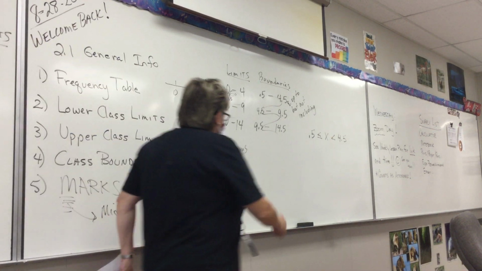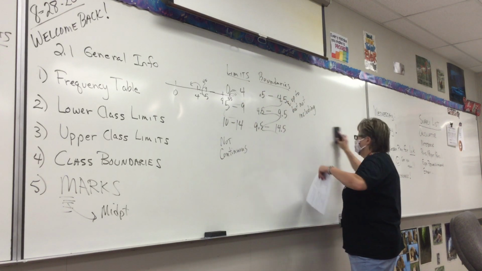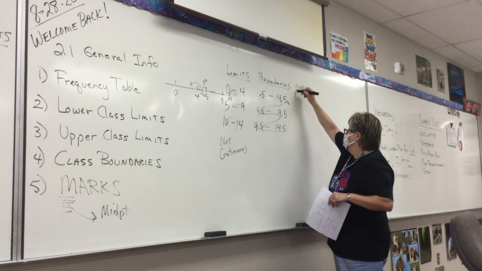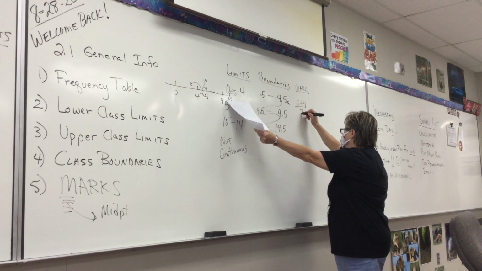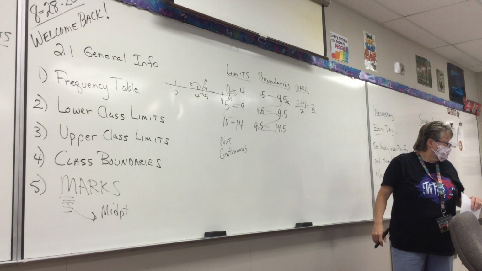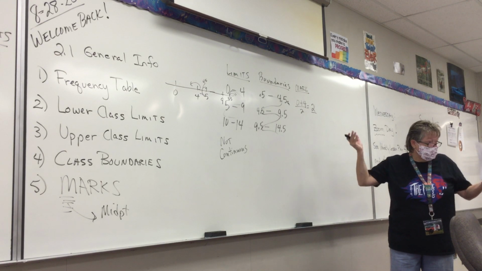So if I were doing a mark for this little deal I'm messing with over here, I would just take 0 plus 4 divided by 2, and I say that the mark is 2. Does that make good enough?